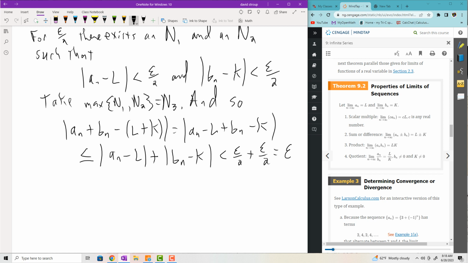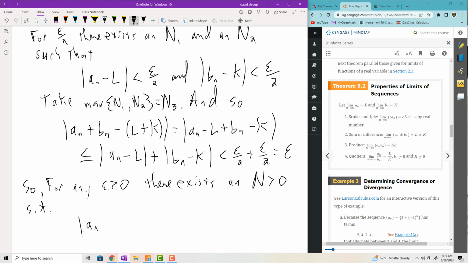In other words, for any epsilon greater than 0, there exists an n, in particular in this case it was n3, such that the absolute value of a sub n plus b sub n minus L plus k is less than epsilon.